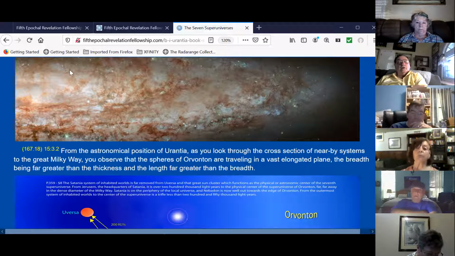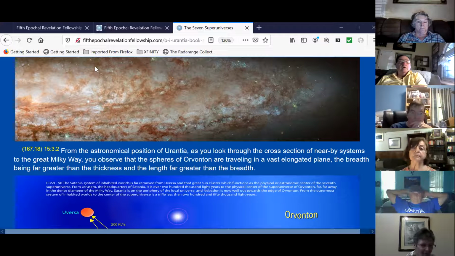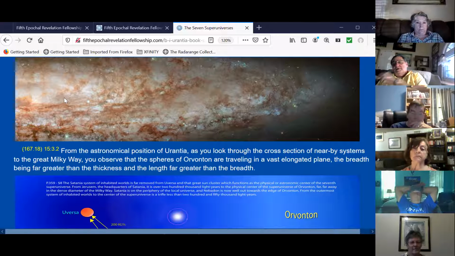Okay, this is what it's talking about. See this big oval? We only get part of it because they don't have a picture big enough for it. So this oval is what they're talking about. This is the Milky Way system.